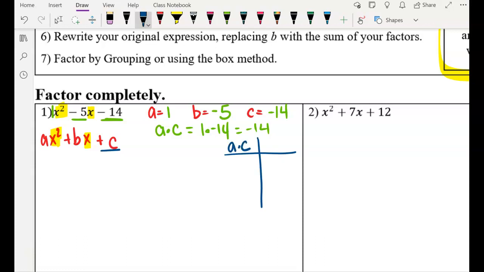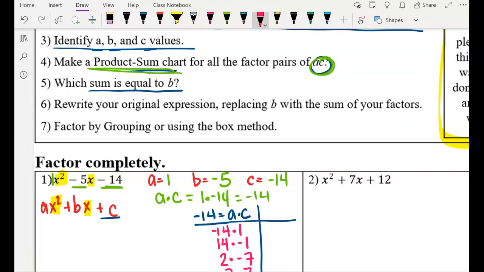And that's going to be -14 for this particular question. So what are all the factors that will give us -14? So let's start with -14 times 1. Definitely -14, right? 14 times -1. That will also give us a product of -14. 2 times -7. Totally -14. And then -2 times 7. Totally going to give us a -14, and that's all we can do, okay?